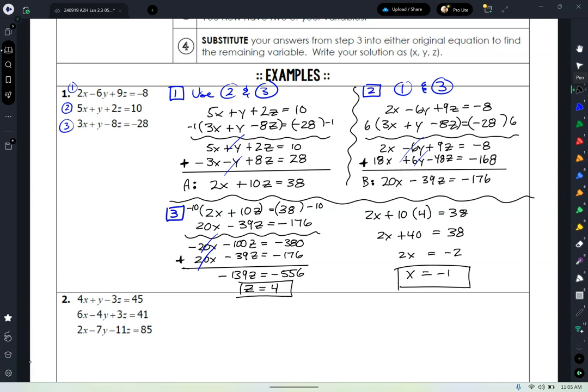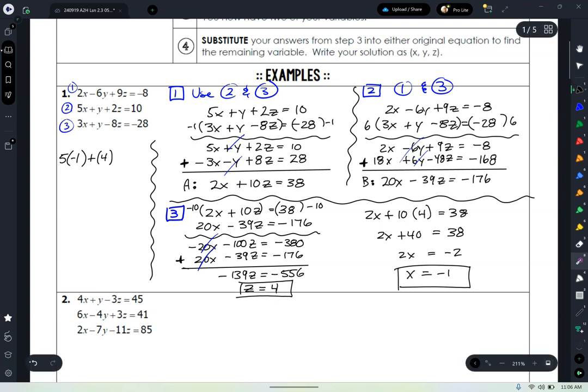And then lastly, we'll do a little divider over here. Now that we know x and we know z, we can go back and figure out y. We can use any of the original equations. I'll use equation number 2. So 5 times x plus y, my bad, plus 2 times z is equal to 10.